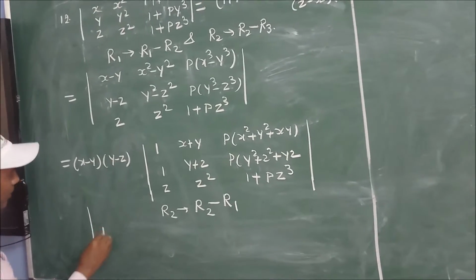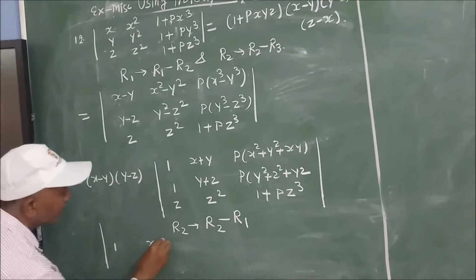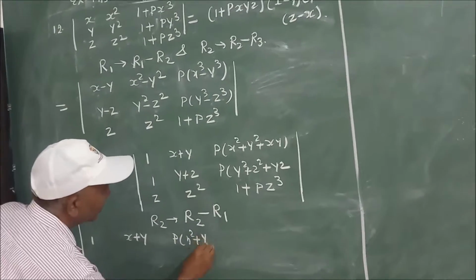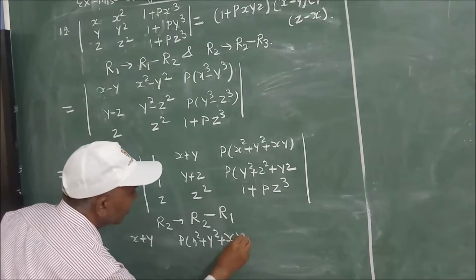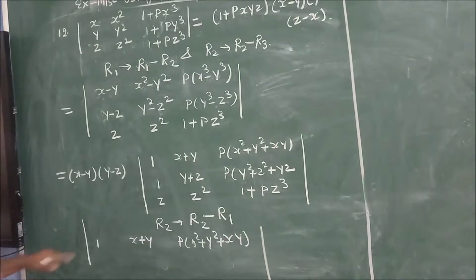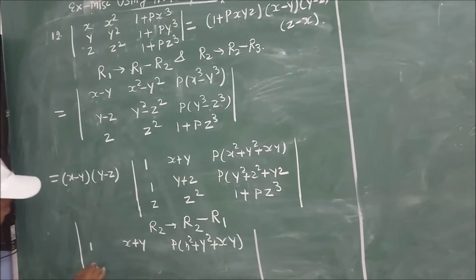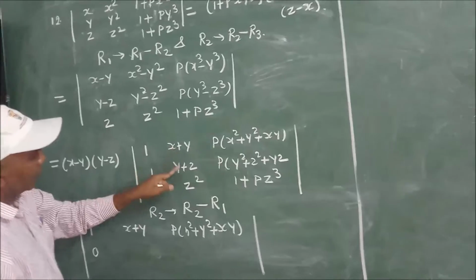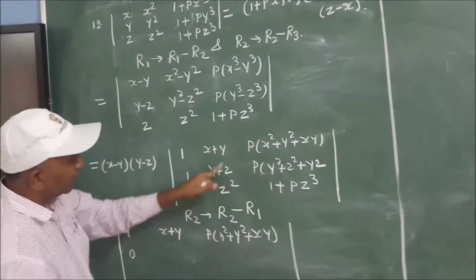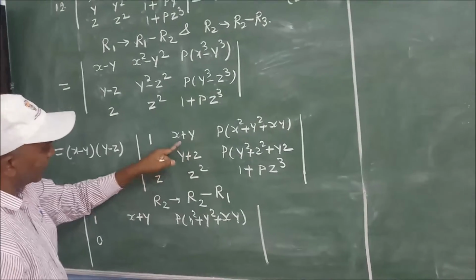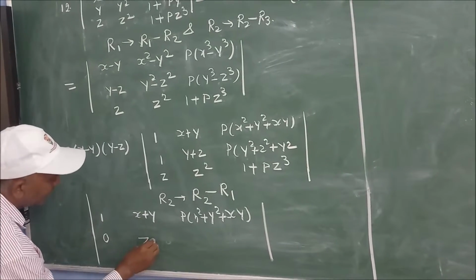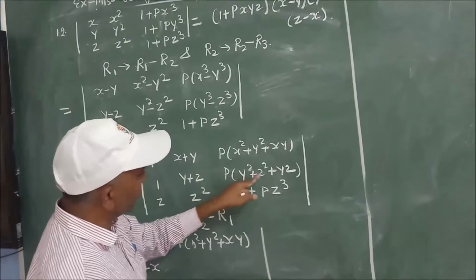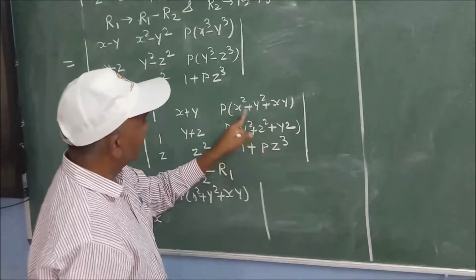So you can write here, this will be your R1 will no change. So here will be 1, x plus y, p into x square plus y square plus xy, and if you subtract by R2, so 1 minus 1 is your 0, and y plus z minus x minus y, so y and y will be cancelled, so you will get z minus x, and here p into y square plus z square plus yz, subtract this.